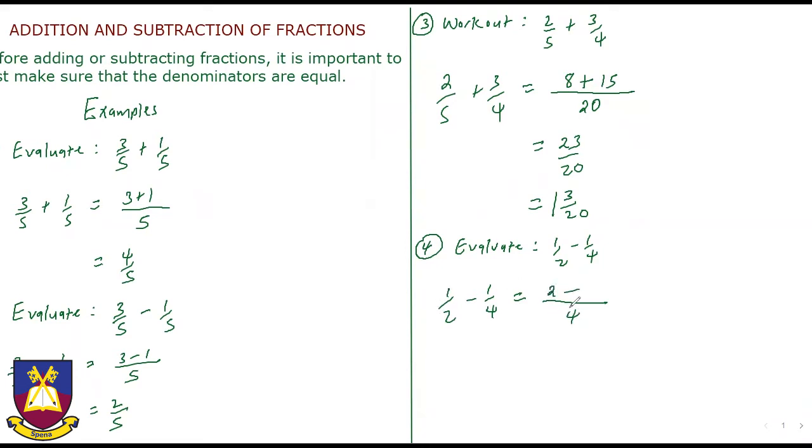Minus 4 divided by 4 is 1. 1 times 1 is 1. 2 minus 1 is a quarter. So when we subtract a half minus a quarter, we get a quarter.